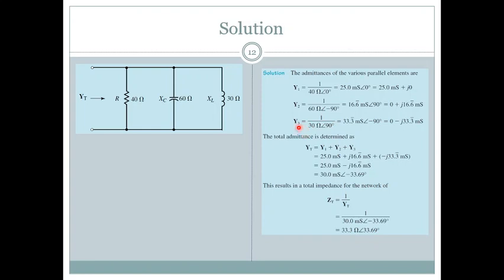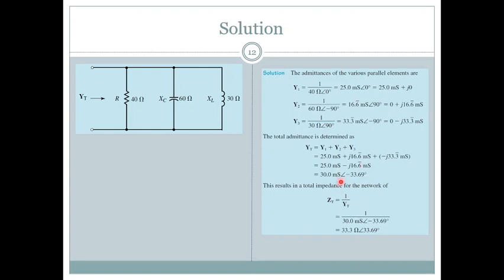And if you convert this, again, 1 upon 30 ohms, angle 90 degrees, we'll get this one. So when you add all the three together, because Yt is equal to Y1 plus Y2 plus Y3, it's the addition of these three, right? So Yt is equal to 30 millisiemens, because 1 upon ohms is in siemens, angle minus 33.63.